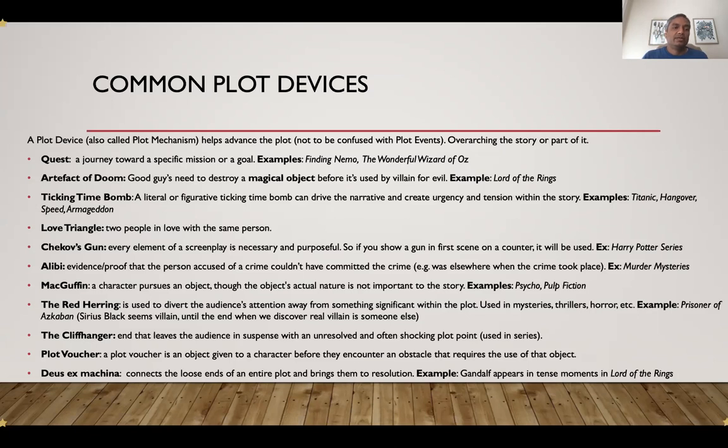Then the second one is called, and don't worry about what they're called, to be honest. Just think about what they do. That's good enough. Artifact of Doom. Good guys need to destroy a magical object before it's used by a villain for evil.